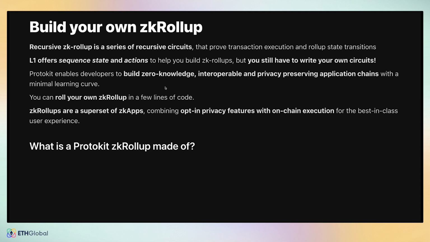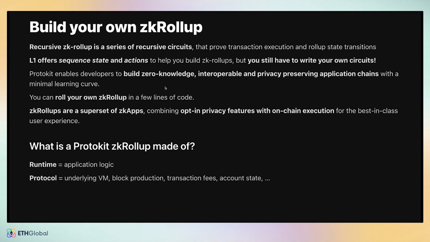So what is a Protokit ZK rollup or application chain made of? It consists of the runtime, which is a series of circuits that define your application logic. These could be auctions, dexes, balances, vesting modules, or whatever else your application might require in terms of business logic. Then we have the protocol circuits. So that's the underlying virtual machine, the block production, transaction fees are handled here, account state, stuff like nonces, all of that is handled under the protocol.